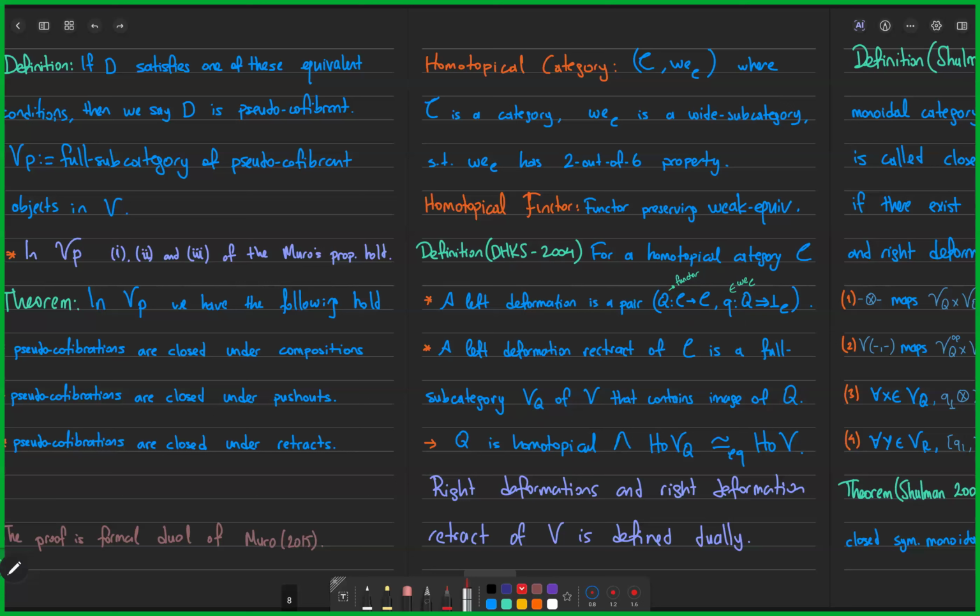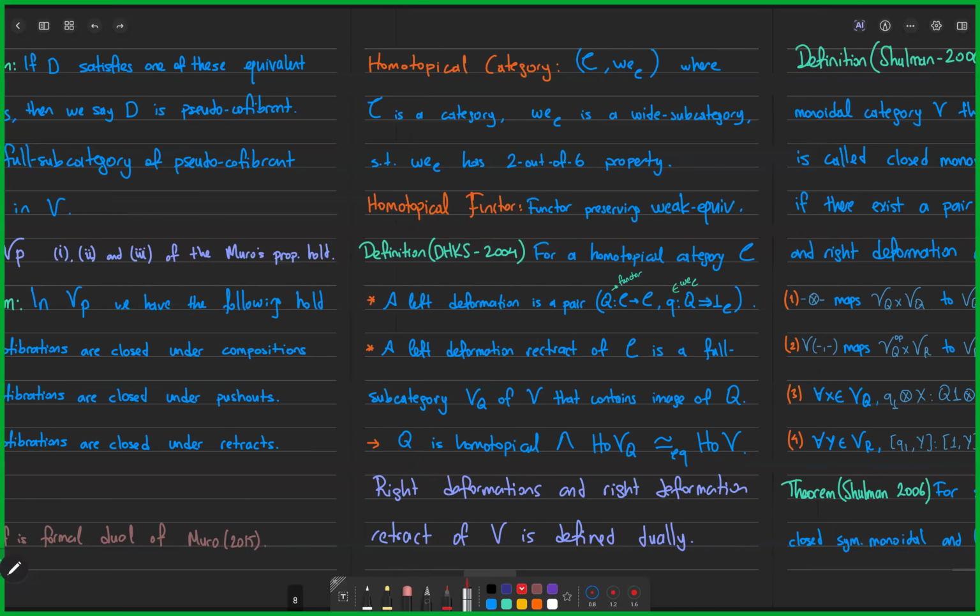And this functor, by the 2 out of 3 property or 2 out of 6 property, is homotopical. It also follows from the definition that the homotopy category of V sub Q is equivalent to the homotopy category of V. It is also proved in this book. And if you change the direction of this arrow here, then you get right deformations and right deformation retracts.